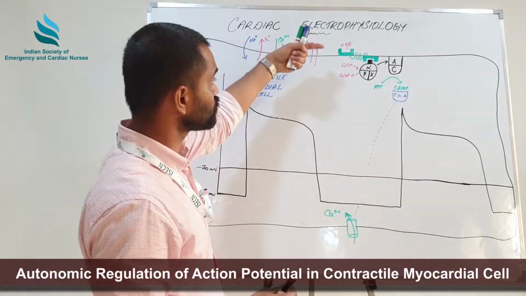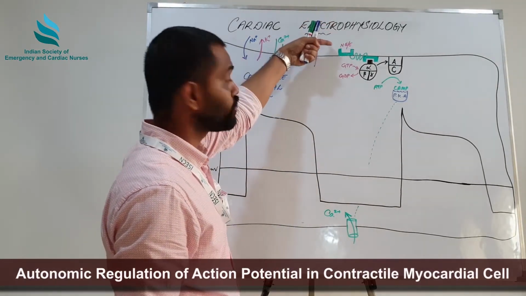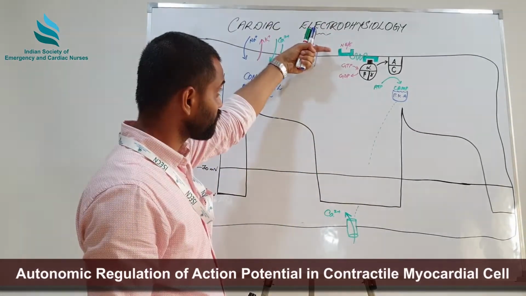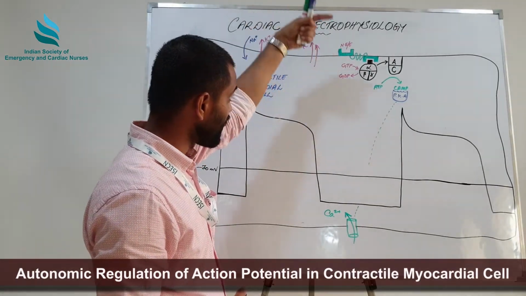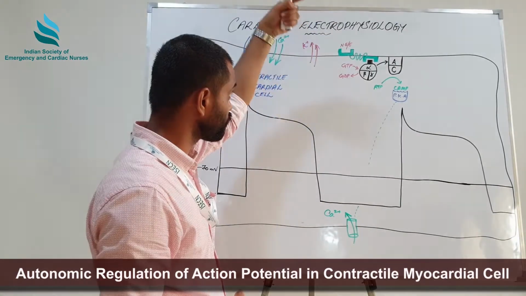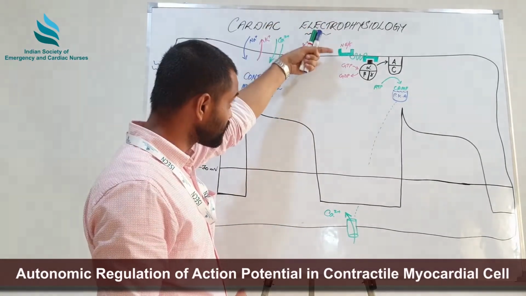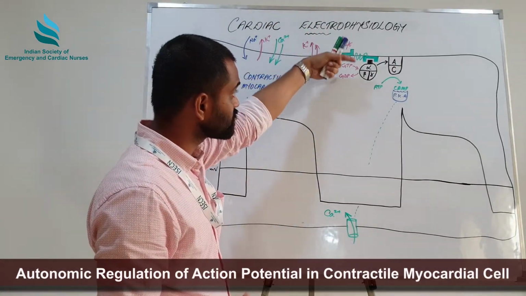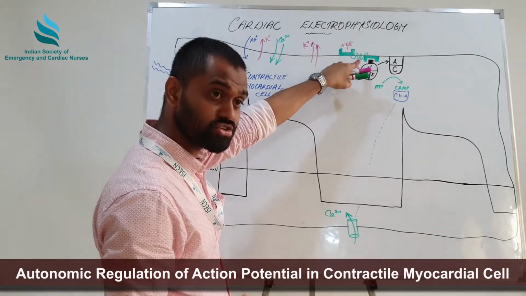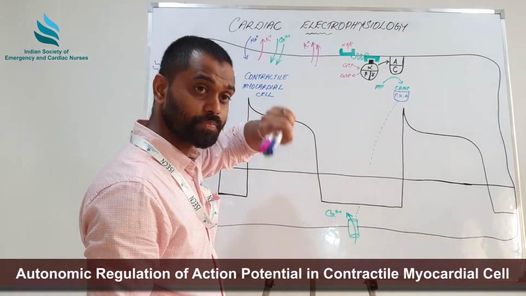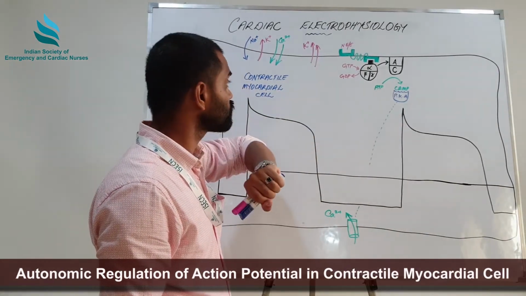Under the influence of the adrenergic neurotransmitters, norepinephrine or the circulating catecholamine epinephrine, the extracellular component of the beta receptor will be stimulated, which will result in the attachment of the G stimulatory protein to the intracellular component of the beta-1 receptor.